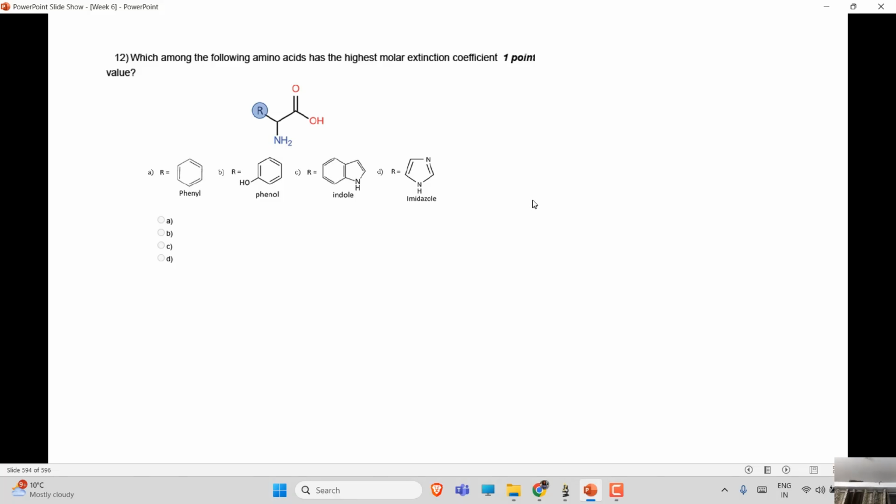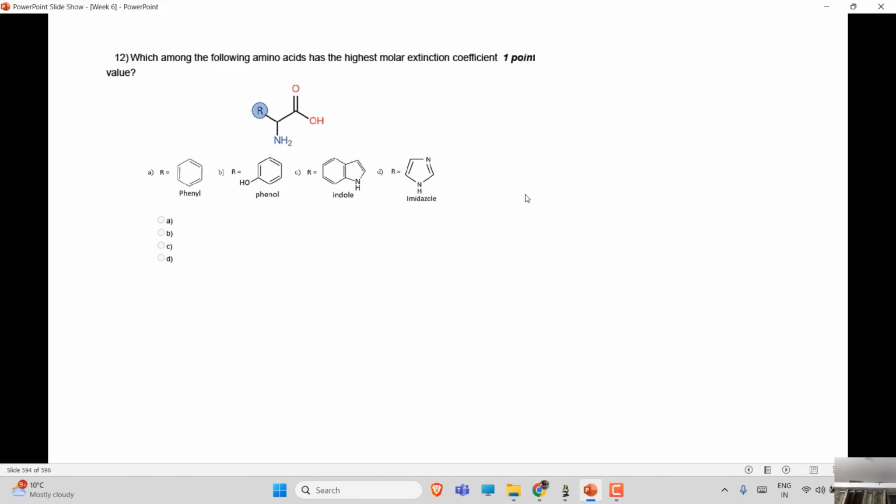So if we think about it from the perspective of what we have learned right now, we have to recall the relevant amino acids. For the phenyl group, we have phenylalanine. For the phenol group, we have tyrosine. For the indole group, we have tryptophan. For the imidazole group, we have histidine, right?